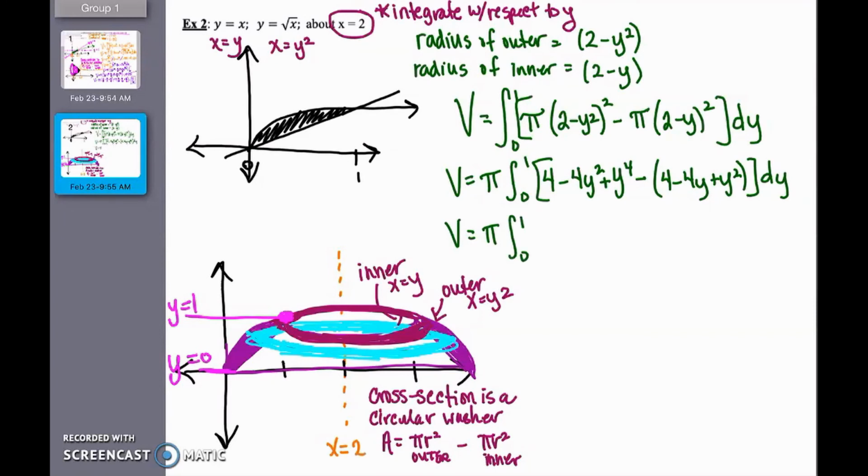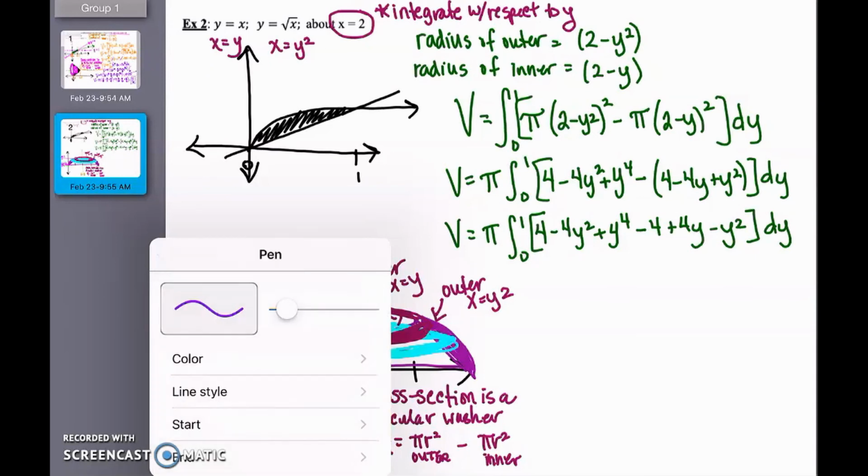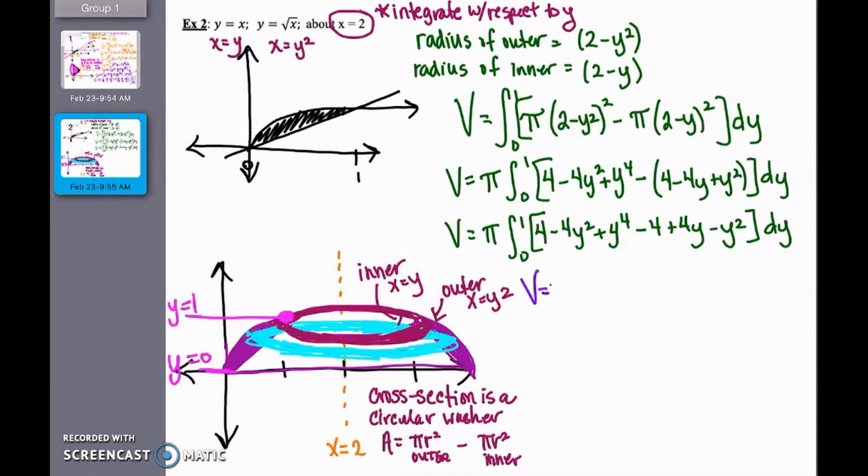So pi times the integral from 0 to 1 of 4 minus 4y squared plus y to the fourth, minus 4 plus 4y minus y squared, times dy. Now let's combine like terms. Volume is equal to pi times the integral from 0 to 1 of, well, 4 and negative 4 cancel out.